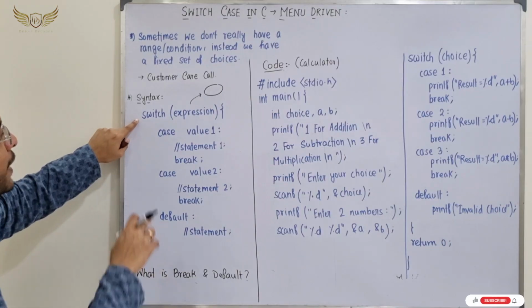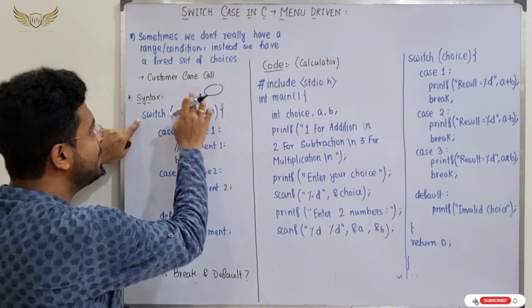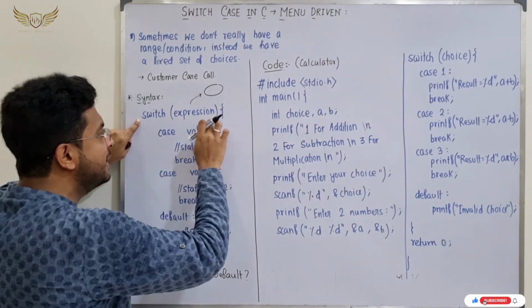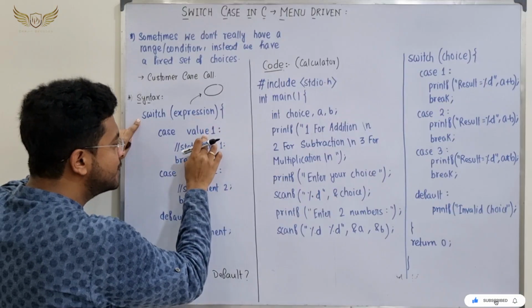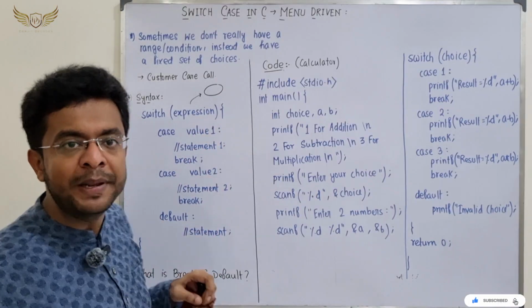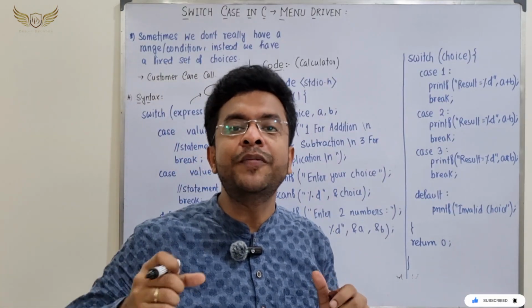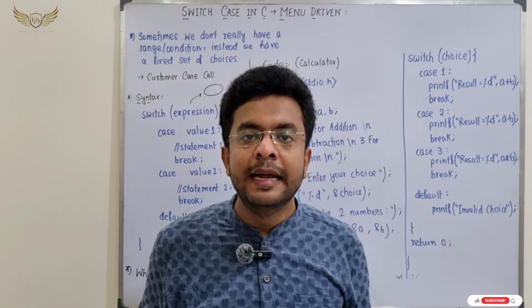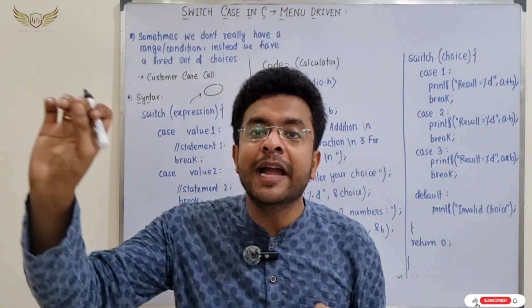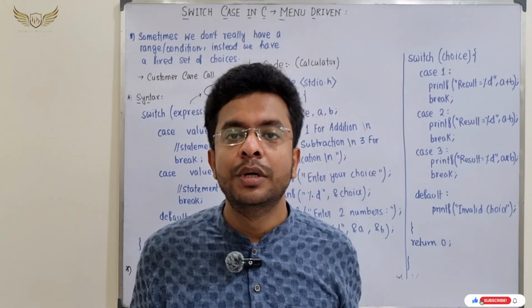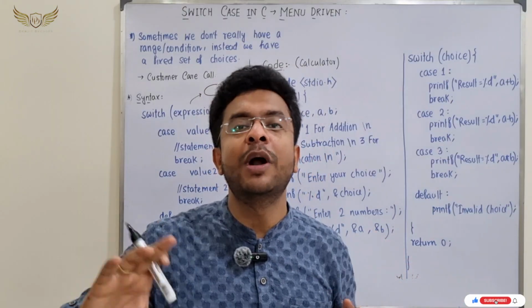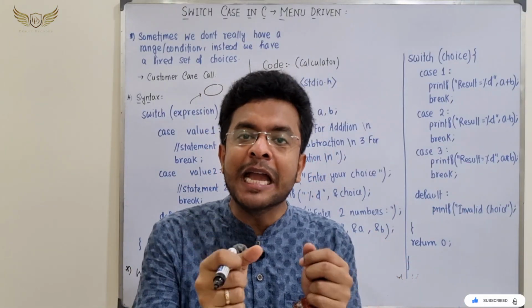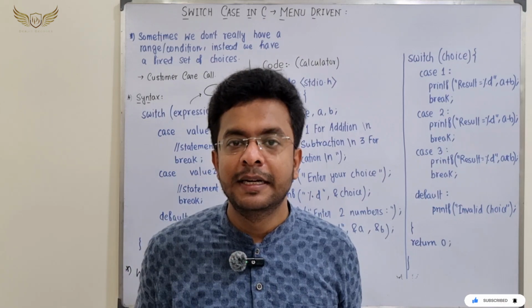For the time being, we'll be taking some value. As I have said, in the customer care call, the value is taken and then matched with this one, this one, this one. For example, say instead of saying press 1 for English, it says to type the language you want this call to be in. So you type ENGLISH.